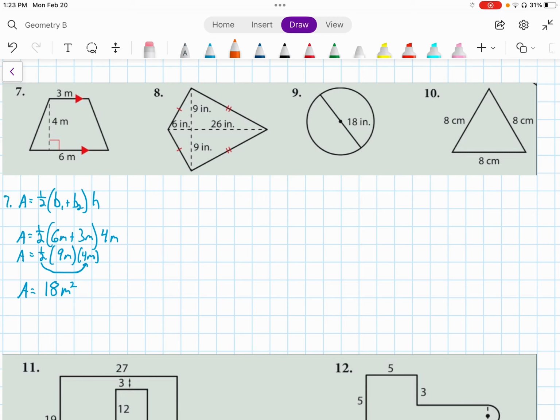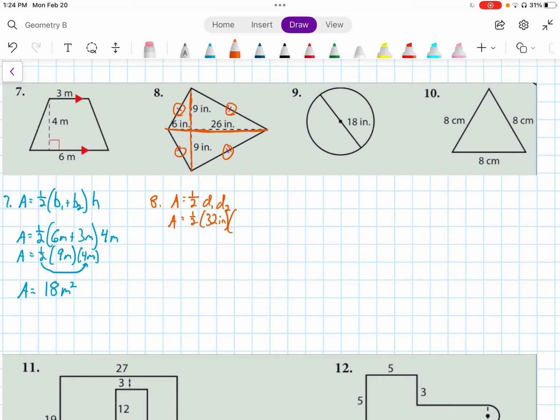Number 8. This is a kite, because it has two pairs of consecutive congruent sides. The area of a kite, we learned, is 1/2 diagonal 1 times diagonal 2. Well, I think we have those. We do need to add. So diagonal 1 is 6 plus 26. That's 32 inches. Times diagonal 2.